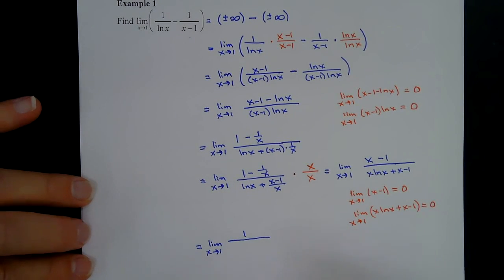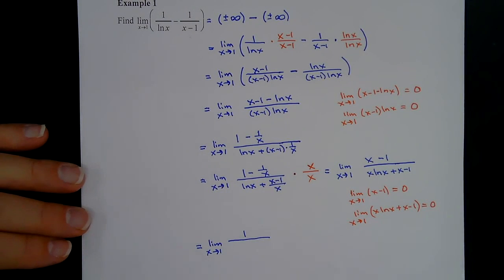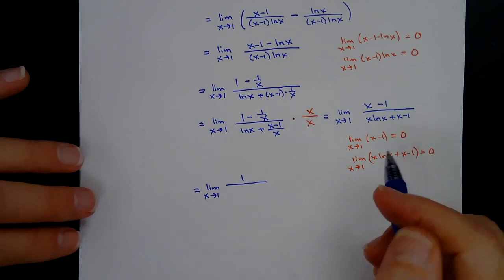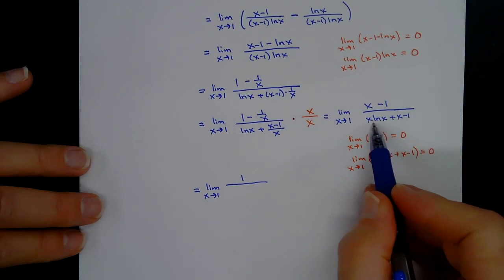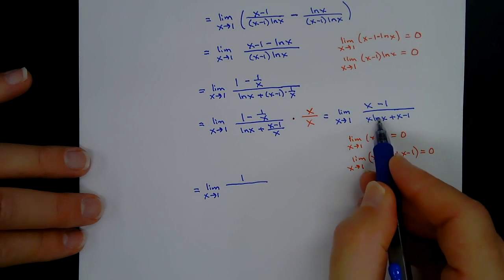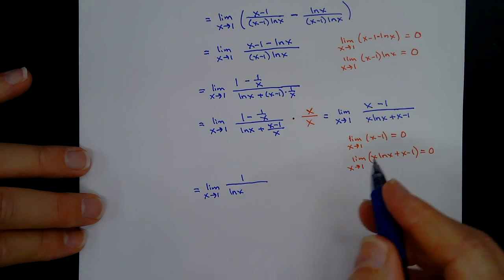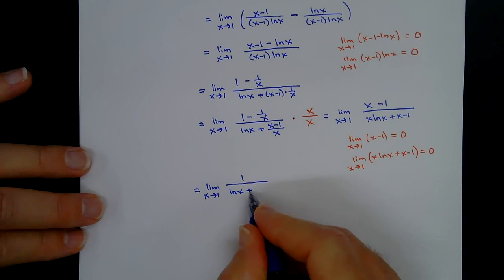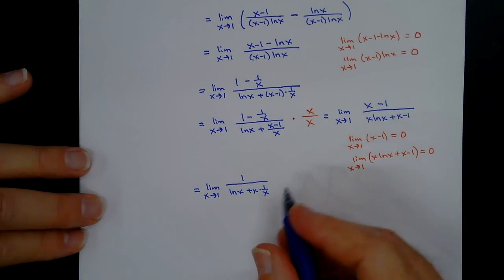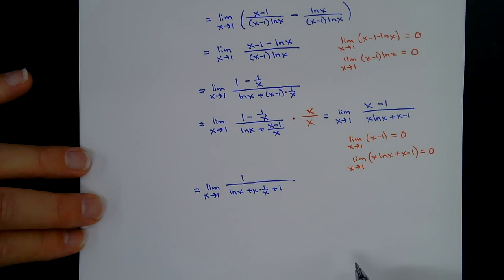So we're not going to be able to apply L'Hopital's rule anymore because we've got a 1 up here, so we won't have to do it a third time. Then the derivatives: I got to apply the product rule for this. The derivative of x would be 1 times ln of x, so that would just be ln of x, and plus x times 1 over x, and then plus 1, and then minus 0, so I won't have to write that.